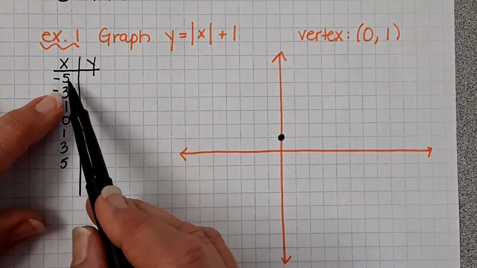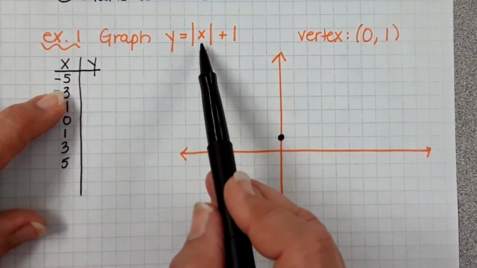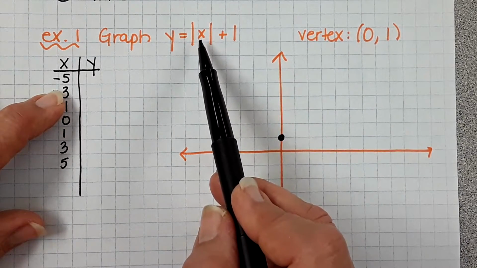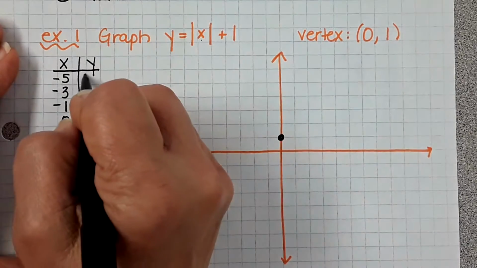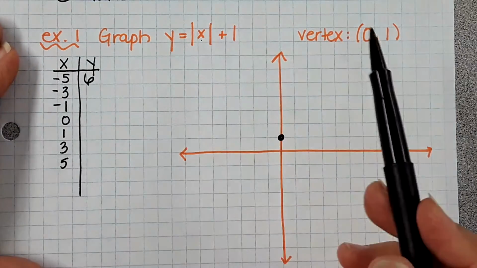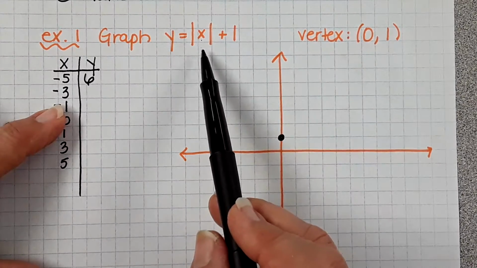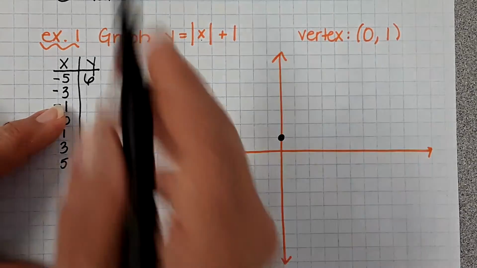Now what I'm going to do is I'm going to take -5, and I'm going to plug it into this equation to get what y is. So what is the absolute value of -5? 5 plus 1 is 6, now that's one ordered pair. Now I'm going to plug in -3. What's the absolute value of -3? 3 plus 1 is 4.